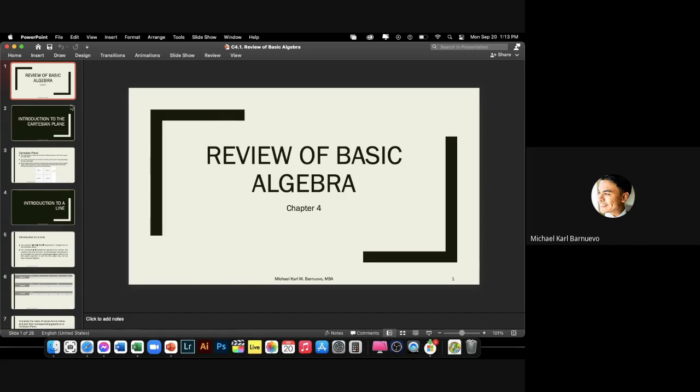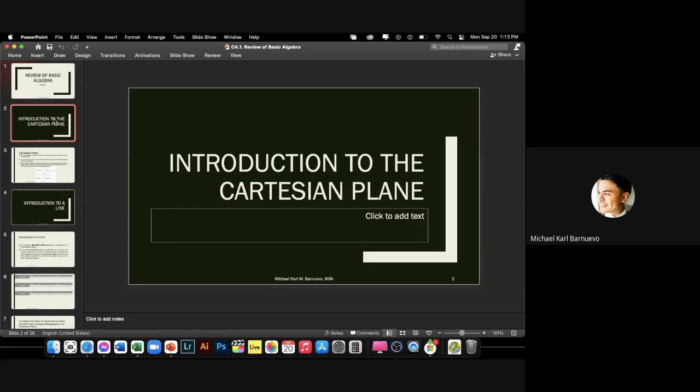Okay? So let us now go to the Cartesian plane. Do you still remember your Cartesian plane? In your basic algebra in senior high, the Cartesian plane consists of 4 quadrants: Quadrant 1, 2, 3, and 4. Those quadrants are divided based on the two axes, your x and y axis.